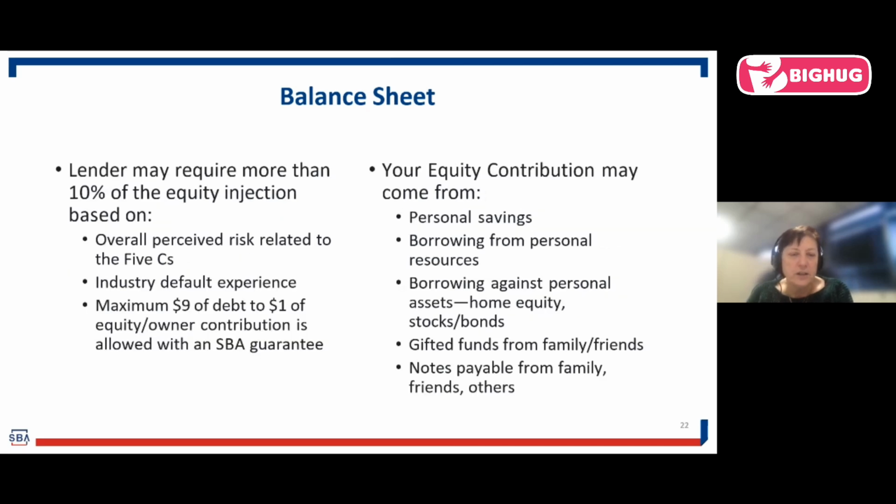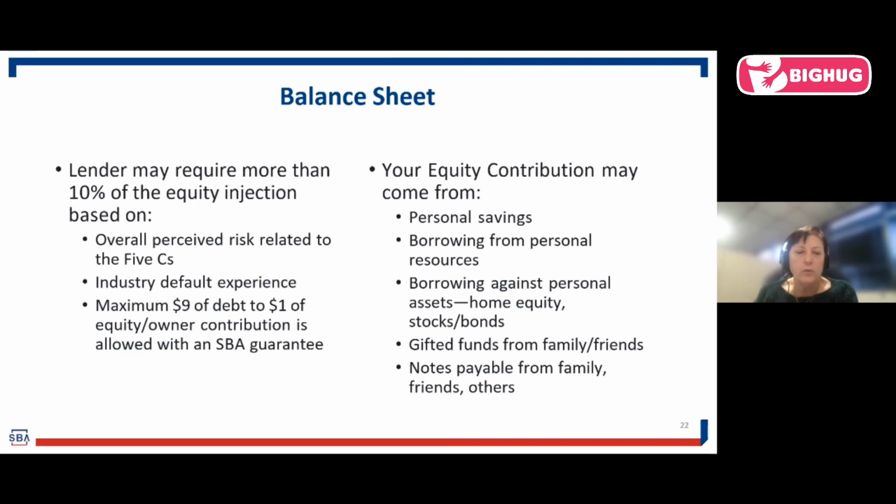Okay, so again, the lender may require more than that minimum 10% equity injection. It's going to be based on their assessment of those overall 5 C's and your industry experience. And if you're doing a brand new startup business, you really should have a couple years of industry experience.